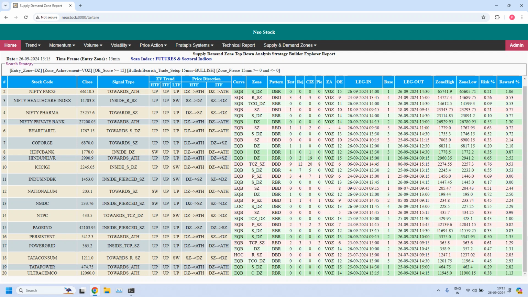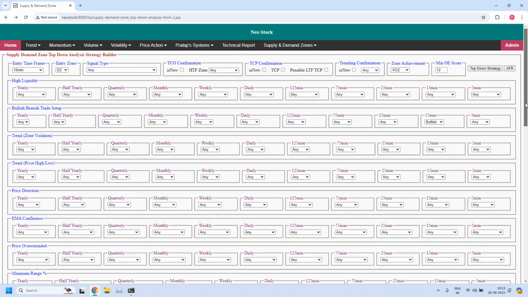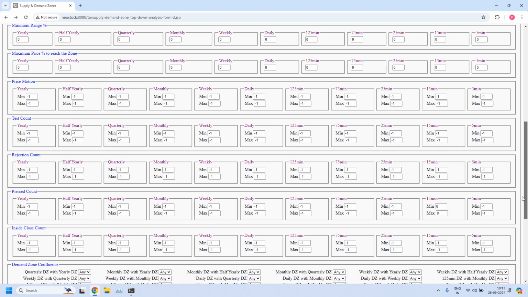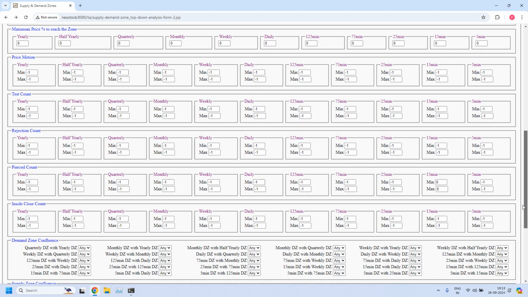Now let's verify to improve the probability of these zones. Let us check how many of these zones are having ITF confluence. ITF demand zone confluence, that is the 15 minute demand zone with 75 minute demand zone confluence, we need to enable.